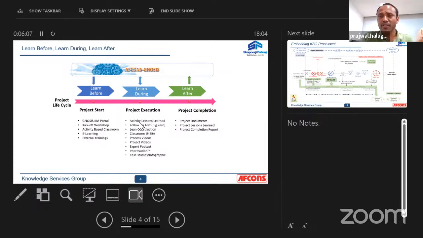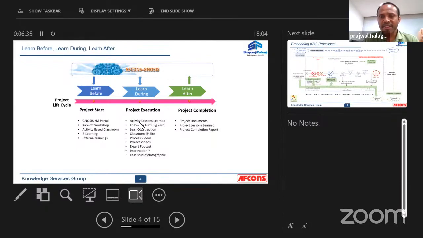There are some knowledge management activities at the project start phase, some during the project execution phase, and some at the project completion stage. For example, if we are going to execute a particular activity, 4 weeks prior to that activity, we have an activity-based classroom in which our project people explain how they are going to execute that activity.